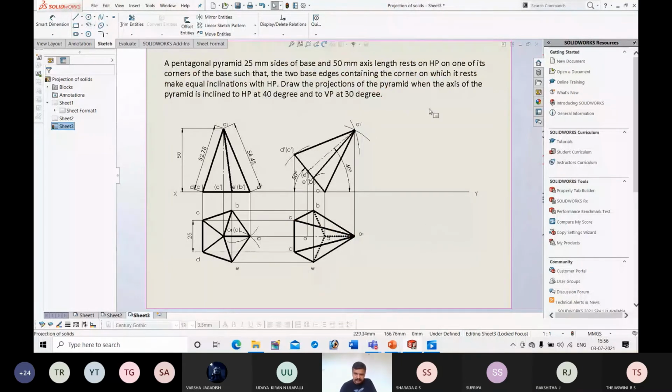Okay, the axis of the pyramid is inclined to HP at 40 degree and to VP at 30 degree. Whether the given inclination with VP is true inclination or false inclination? The axis of the pyramid is inclined to VP at 30 degree, means whether it is true inclination or false inclination.